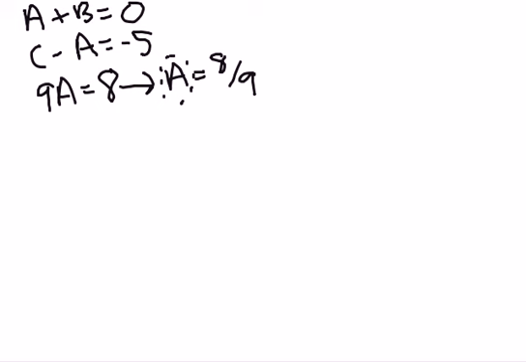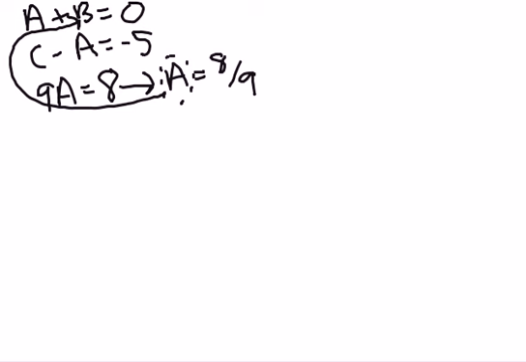Okay, and what I'm going to do is I'm going to use that to find b and c. So this is a system of 3 equations with 3 variables, so I should be able to solve it. So I am going to do this first. Okay, you can actually find c or b in any order in this case.